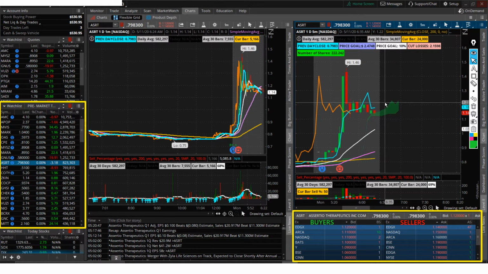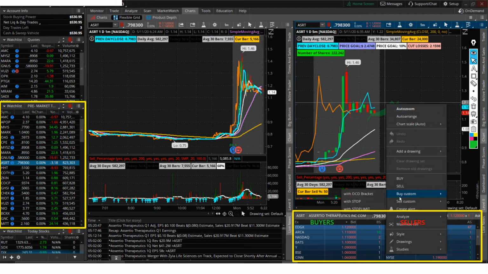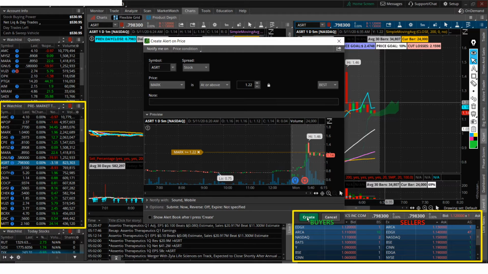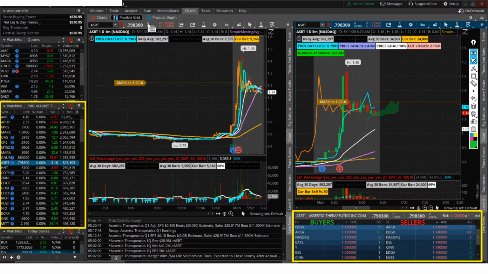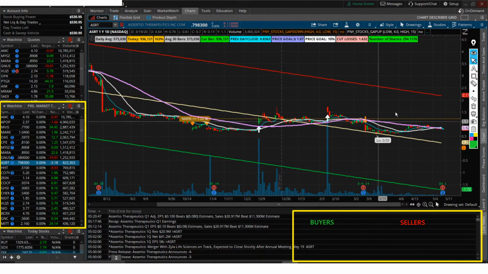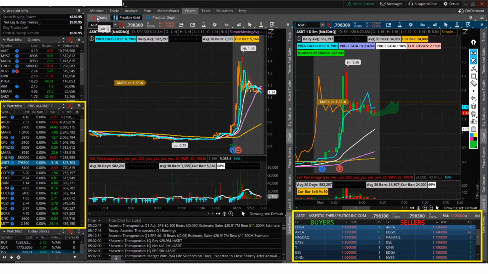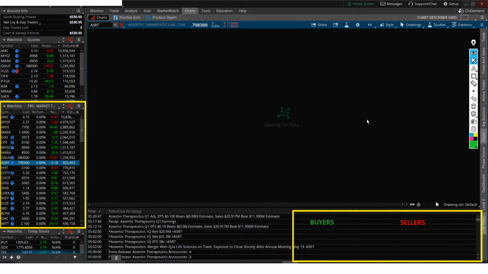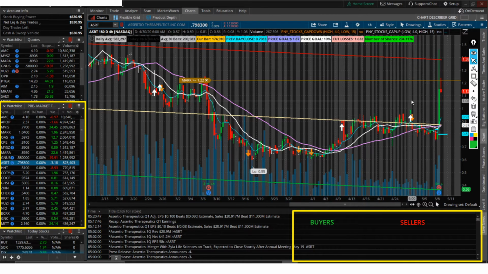So we're gonna put an alert right here at $1.22. Boom, right there. And let's look at the channel. So this is the daily trade channel. Where is it at right now? $1.14. So it's already trading over here. So let's get closer to the 4-hour channel.